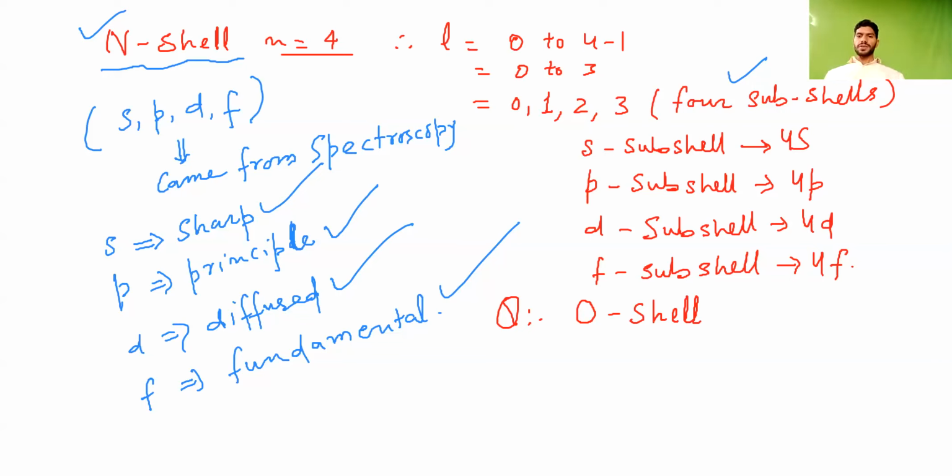For O, the n value will be 5, right? So what will be the l value? Have you calculated? It is easy. Just let me know.